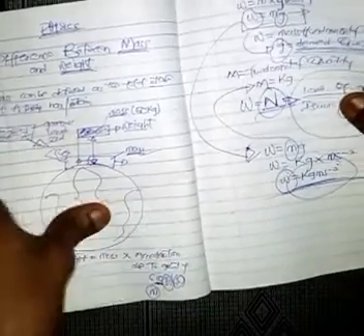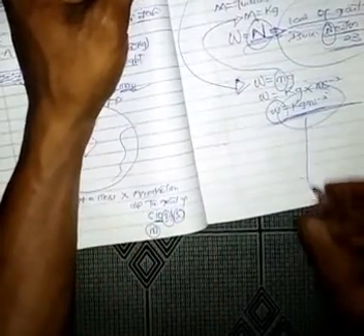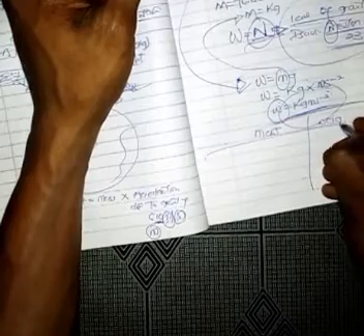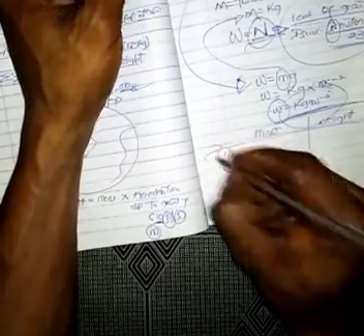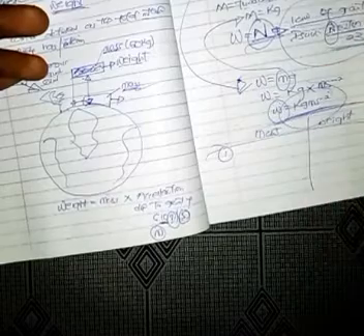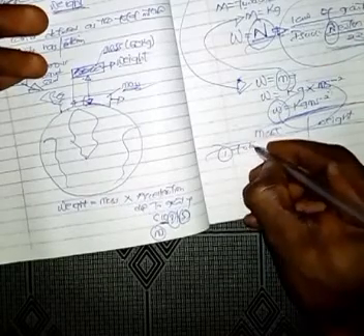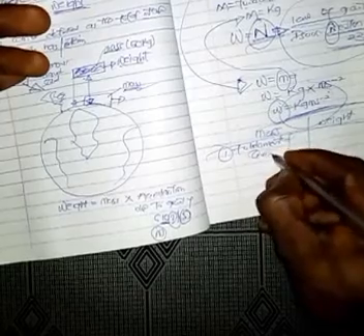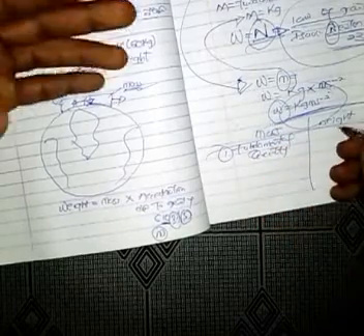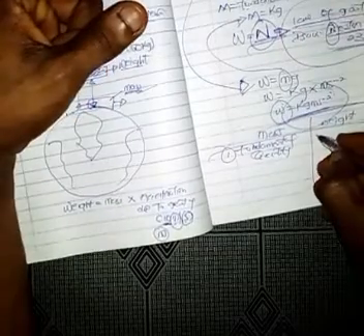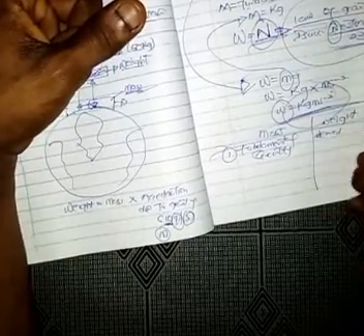So let's look at the difference between mass and weight. The difference is that mass, as we all say, is a fundamental quantity, and weight is a derived quantity.